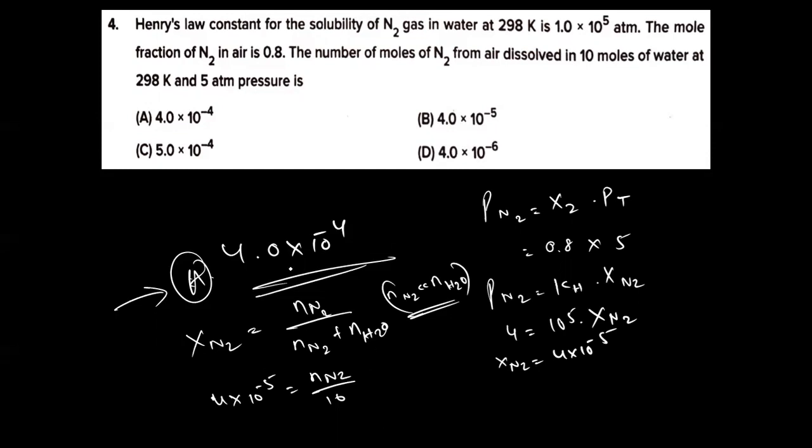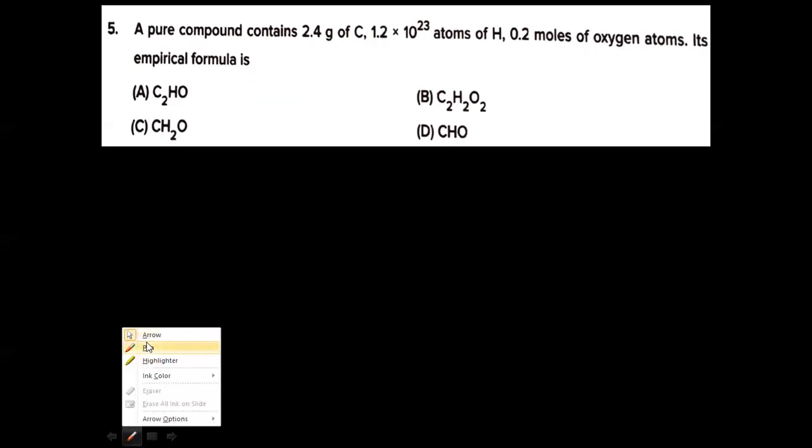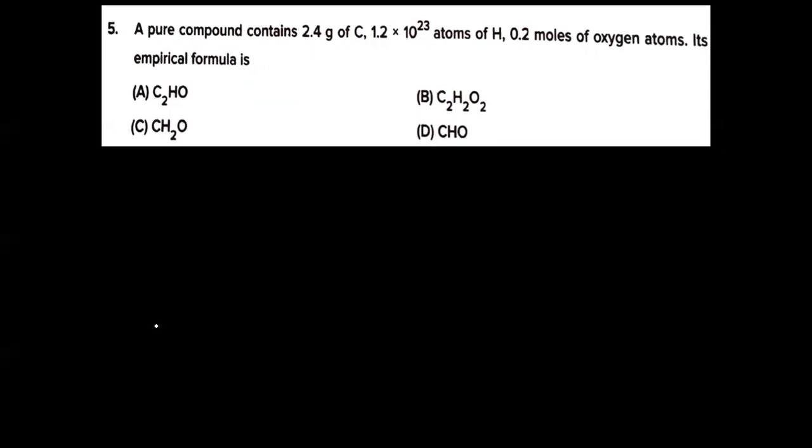So option A. Question 5. A pure compound contains 2.4 gram of carbon, 1.2 into 10 power 23 atoms of hydrogen, 0.2 moles of oxygen atoms. Its empirical formula is. Okay, now they have given mass of carbon 2.4 and we know that atomic mass is 12, which gives 0.2 mole of carbon.